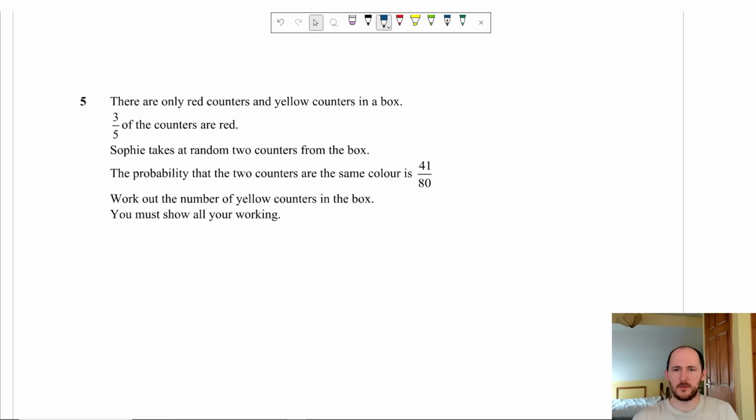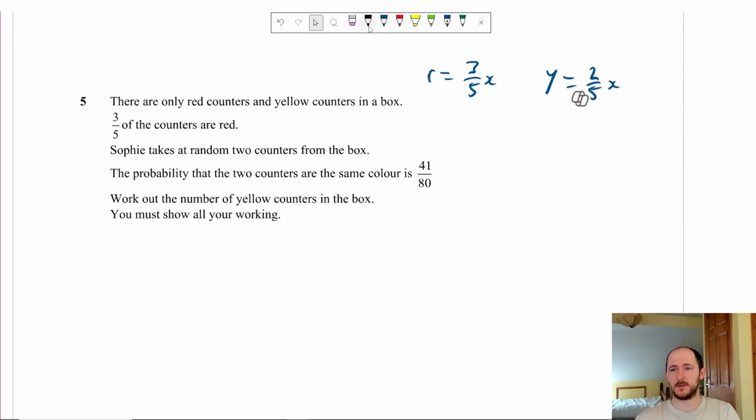Now, it says there are only red counters and yellow counters in the box. 3/5 of them are red. So what I've seen people do is they say that the red then equals 3/5 of x, and yellow equals 2/5 of x. Now, for me personally, I don't like this, because then you have fractions and fractions, and then it gets all mixed up.